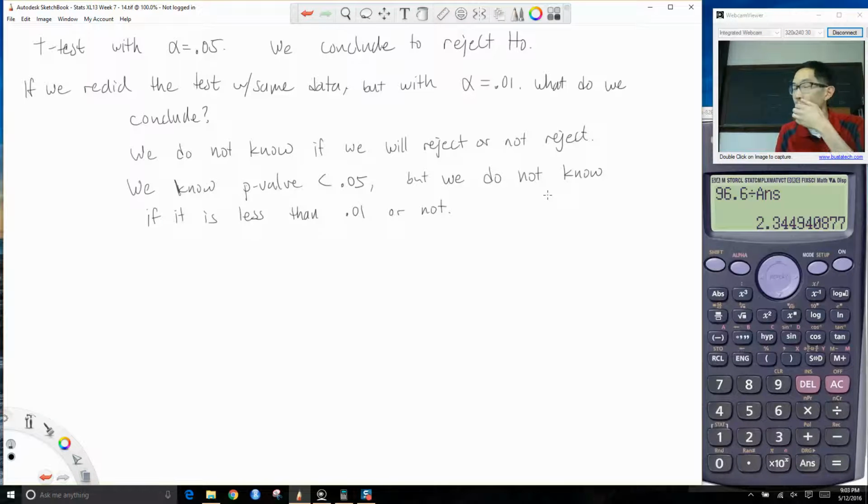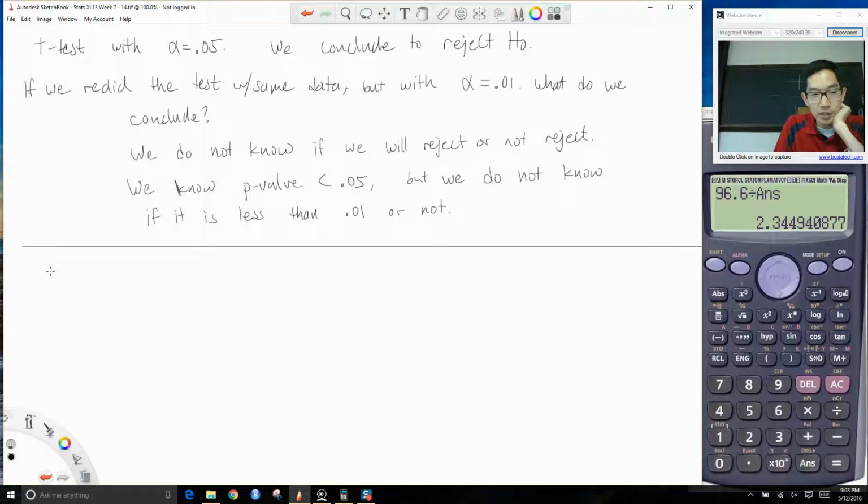And so again, a t-test with alpha equal to 5% corresponds to a 95% confidence interval.